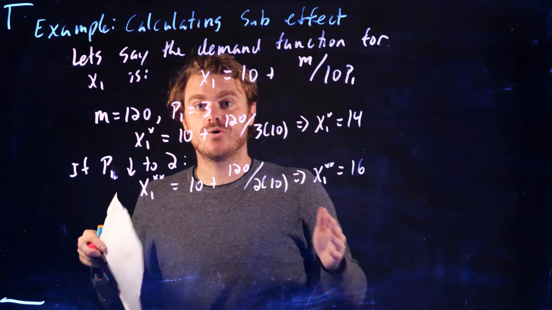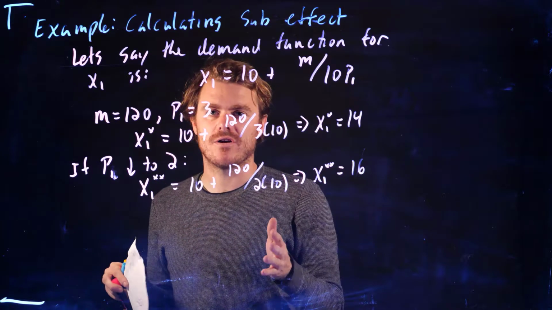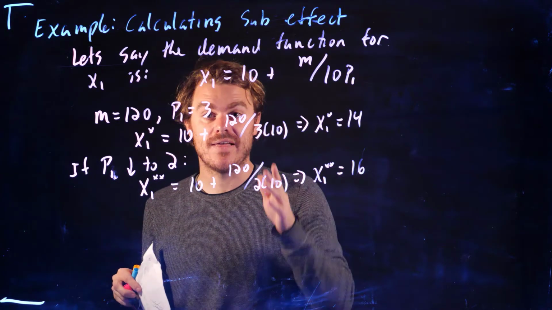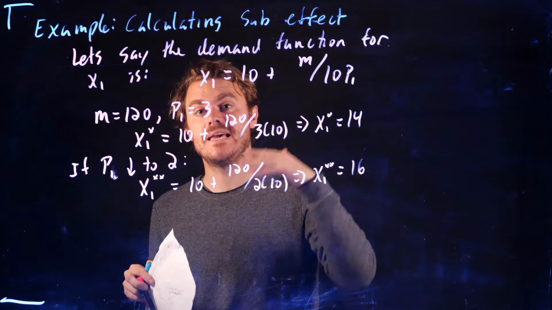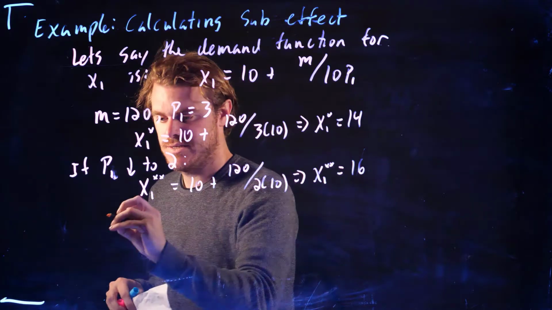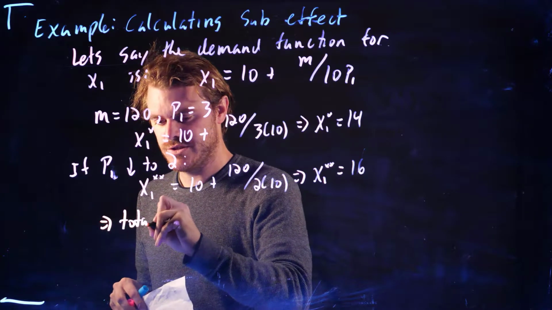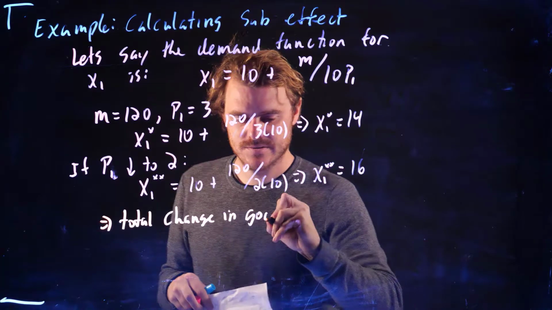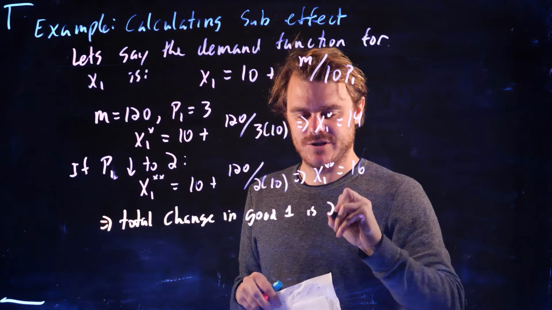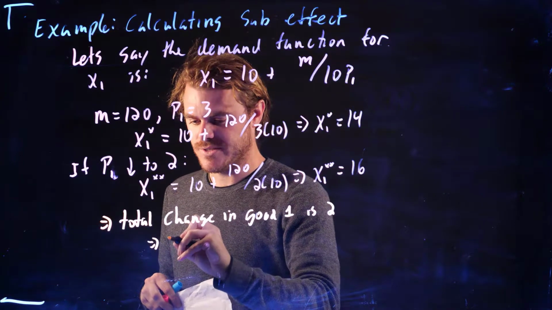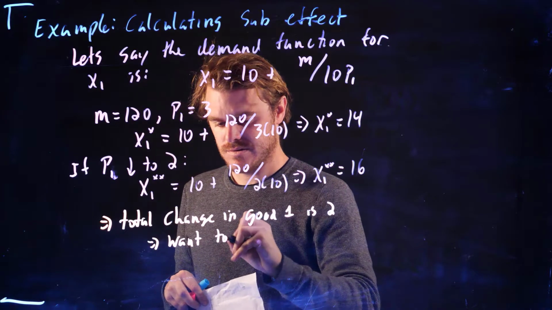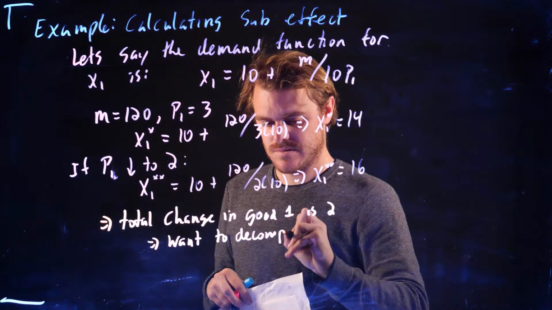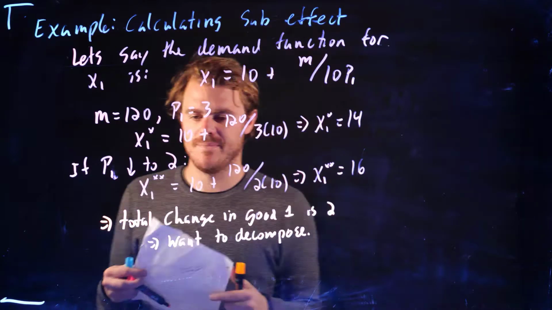So the total change from this change in price is 2. That's the total change from A to B on the graph. And that's what we want to decompose into the income and substitution effects. So the total change in good one is 2, and we want to decompose this into those income and substitution effects.